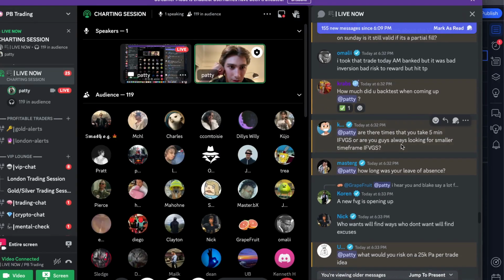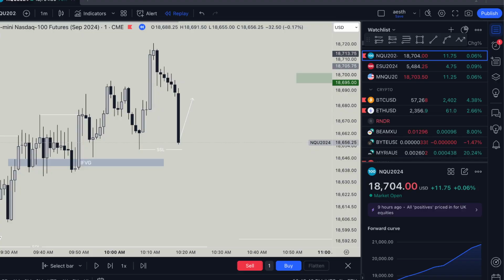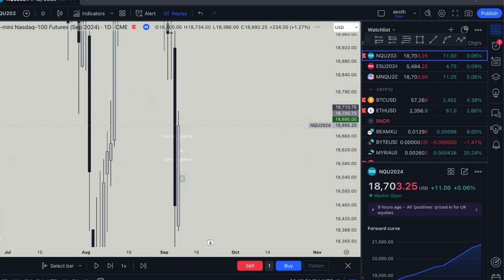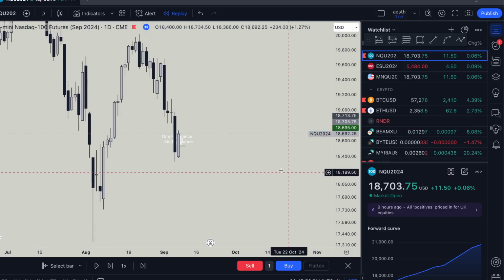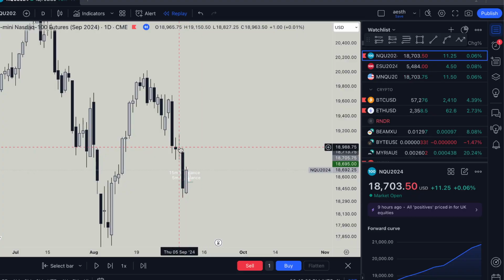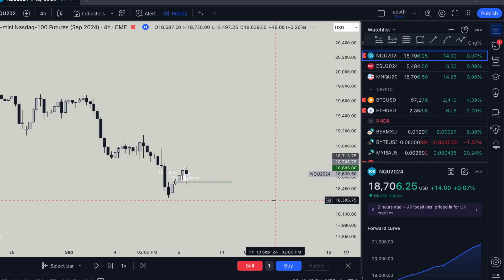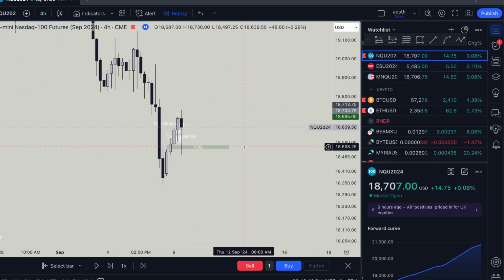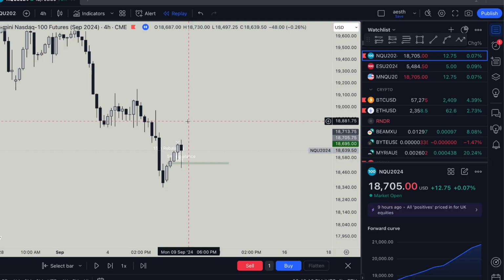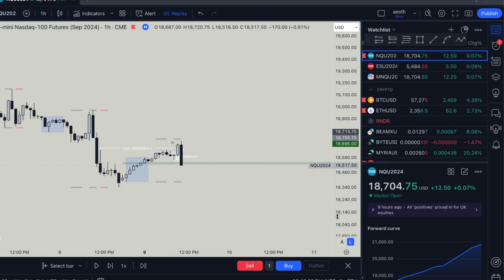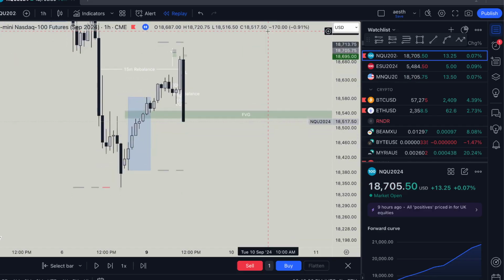Is the Sunday volume imbalance still valid if it's a partial fill on Sunday? Anyways, those volume imbalances, whichever one you're talking about, which I don't know if I'm just being blind right now, it depends what type of volume imbalance you're talking about.